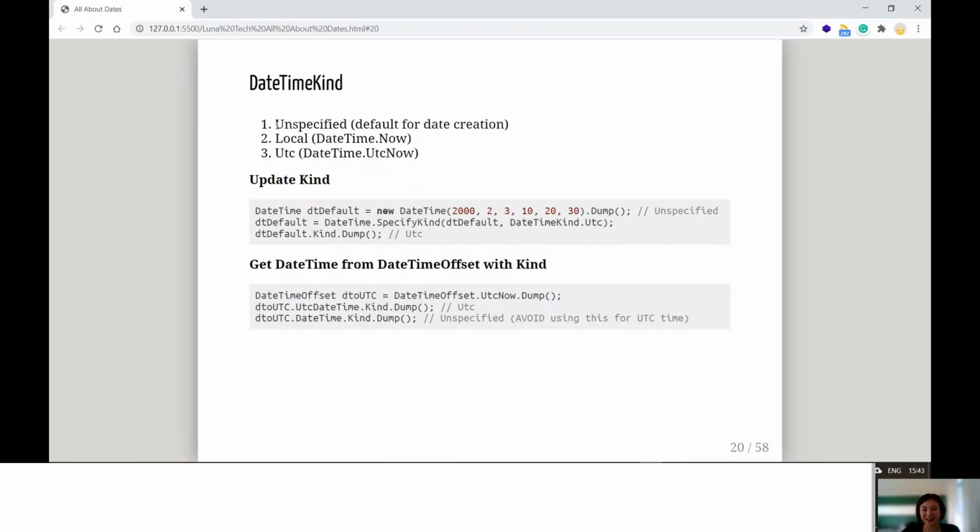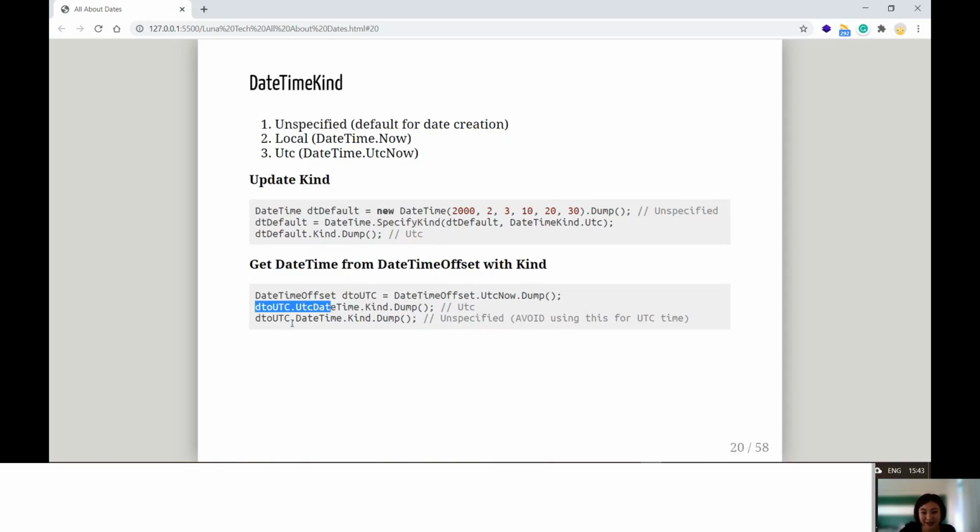So we've seen all these kinds, right? And we can update the kind. If you know this is a UTC kind, you can update it, and you can also get the datetime from the offset. This one is creating a UTC now, and then you can use the UTC datetime from this object we created to get the kind, and it is UTC, right?